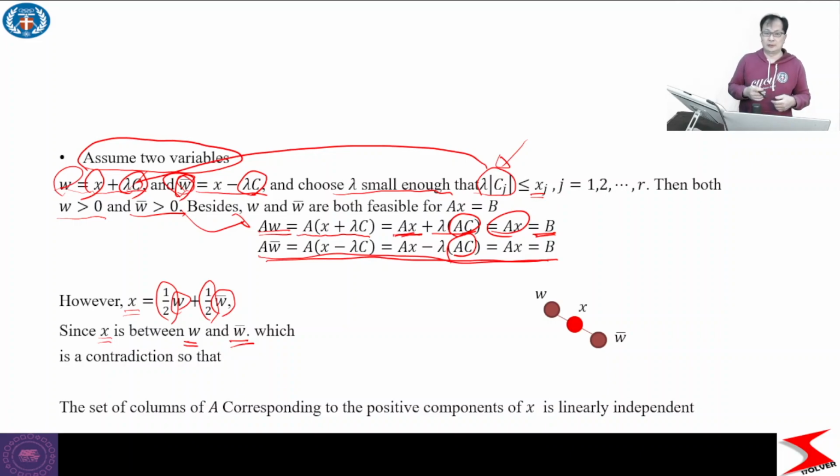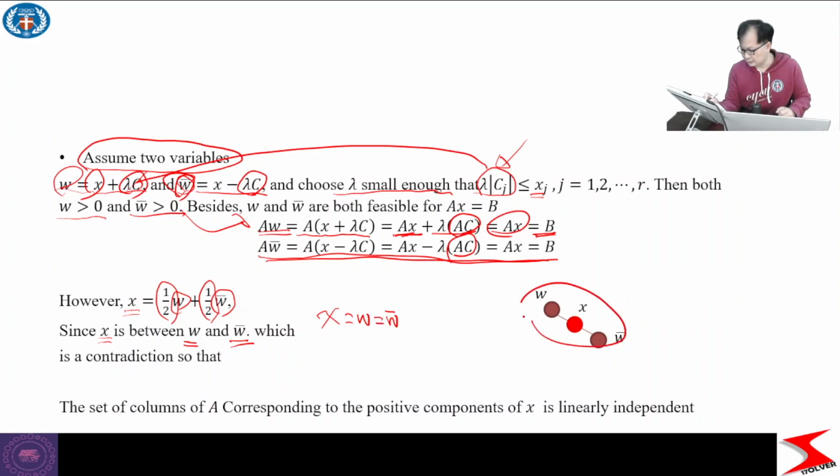Because we know that X is an extreme point, it will not be the same as W and W bar. It only has one point, which means X should be equal to W and W bar. Which is the contradiction, right? This is the result.